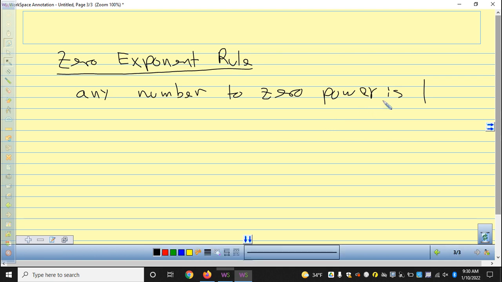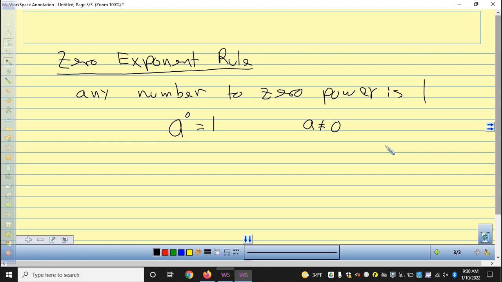The way we'd write that in symbols is a to the 0 is 1 for any number a. But I'm going to make one exception. a cannot be 0, because 0 to the 0 gives us problems.